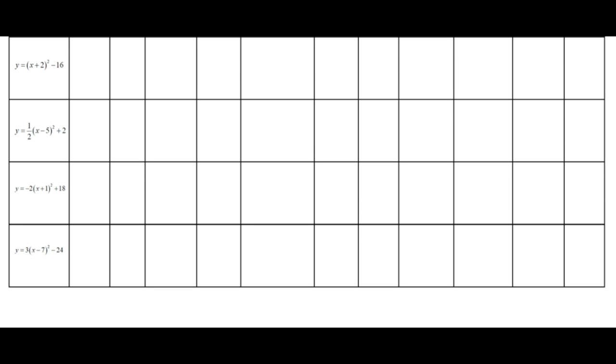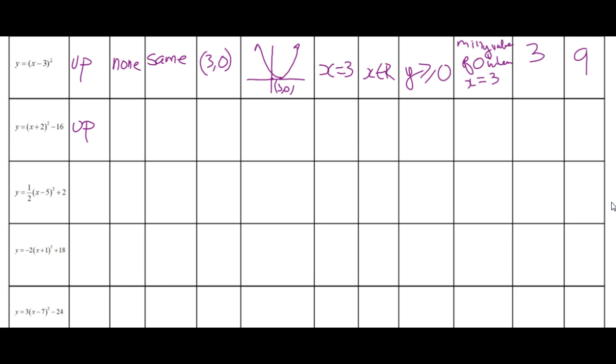y equals x plus 2 quantity squared minus 16, opens up. Hang on, I have to leave at least one there so I know. Something that had none before. Oh, the stretch factor? None. Not 0. I don't know what 0 would do, like take it down to a point. Width? Same.